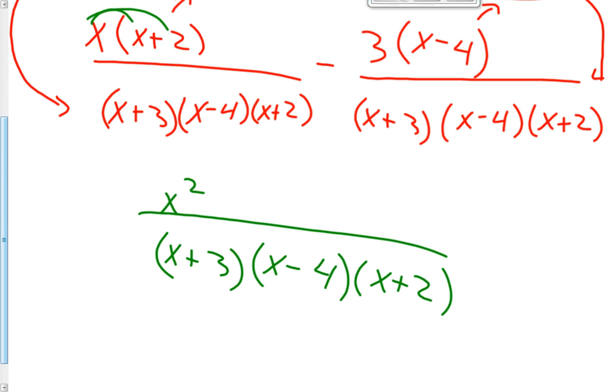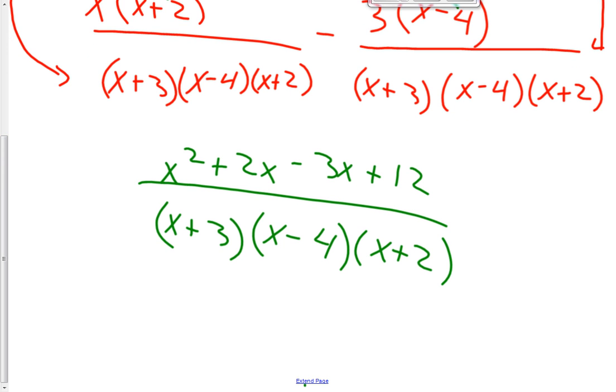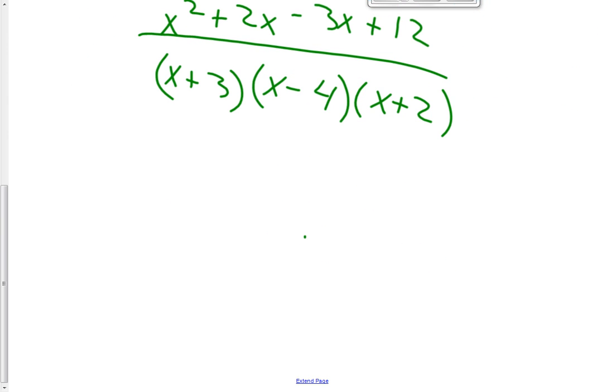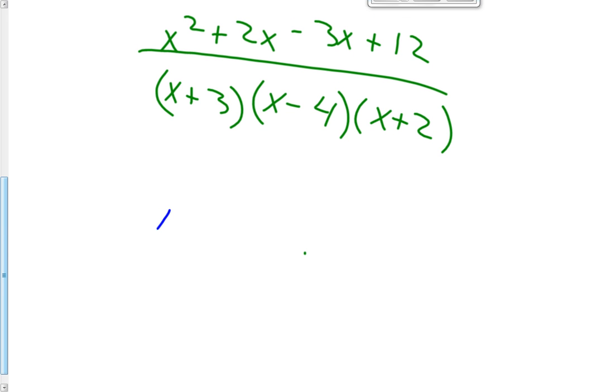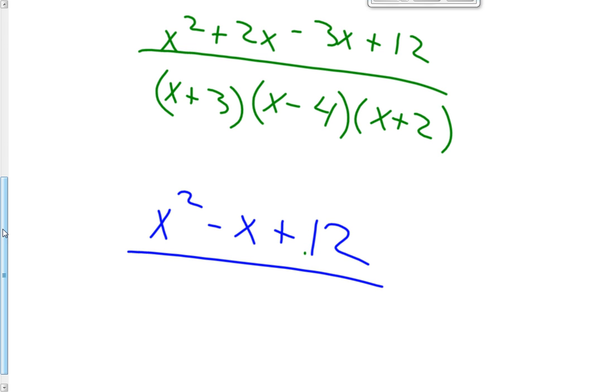And x times 2 is a positive 2x. The negative 3, you distributed to make a negative 3x and a positive 12. So then you combine like terms. And when you combine like terms, you got x squared minus an x plus 12 divided by x plus 3 times x minus 4 times x plus 2.